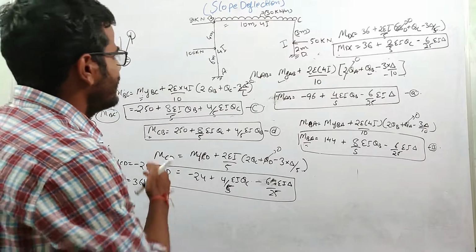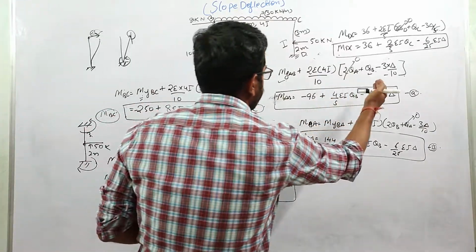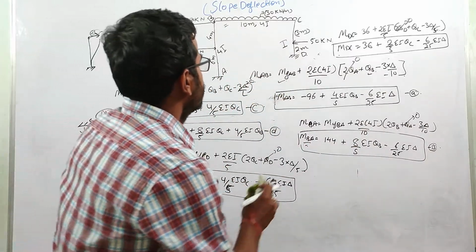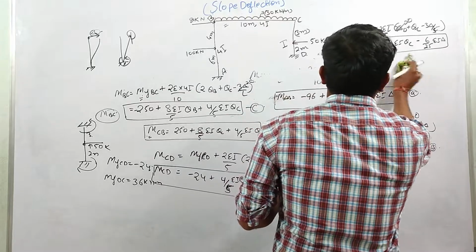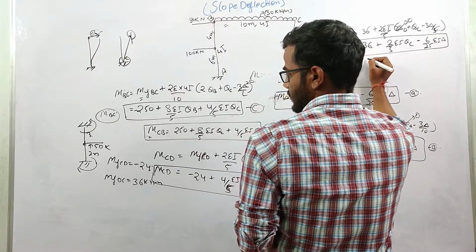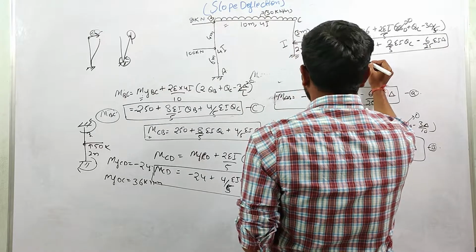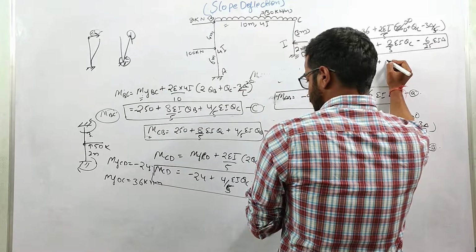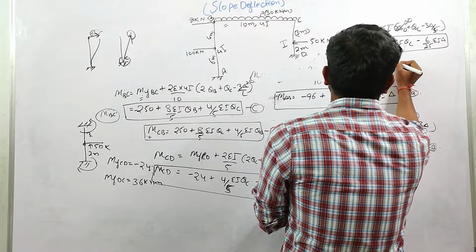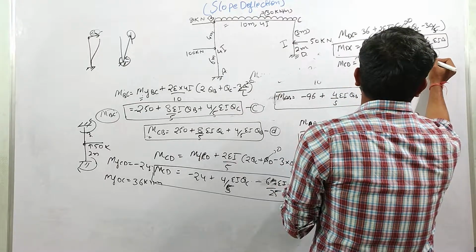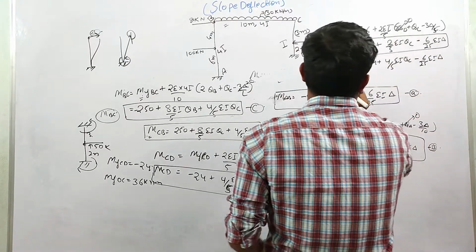Let us write these equations at this place, because we need some space to solve this problem. So this is MDC. MCD is minus 24 plus 4 by 5 EI theta C minus 6 by 25 EI delta.